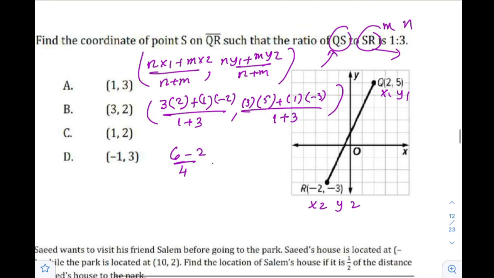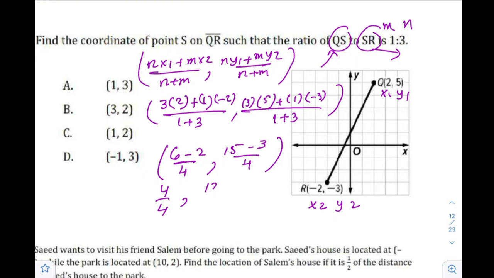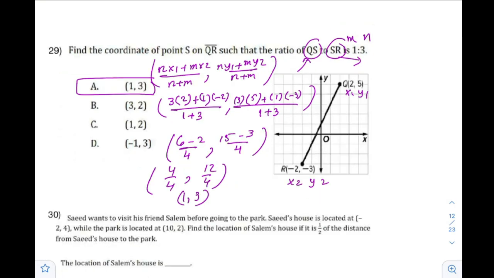Okay, so 15 minus 3 over 4. Perfect. So 4 over 4, 12 over 4, which is 1 and 3. 1 and 3 means this is the first option correct. The calculations might take a little bit of time, but it is easy actually.